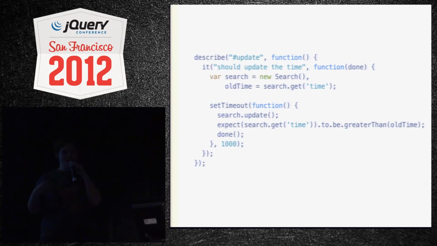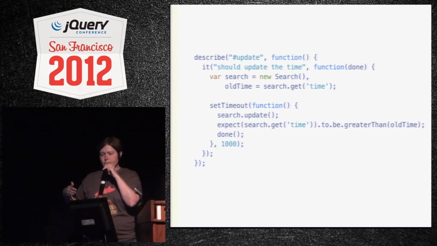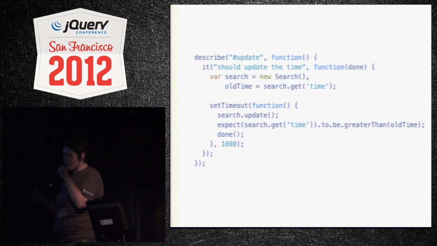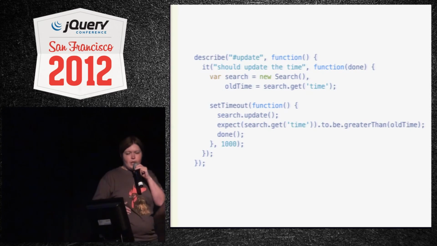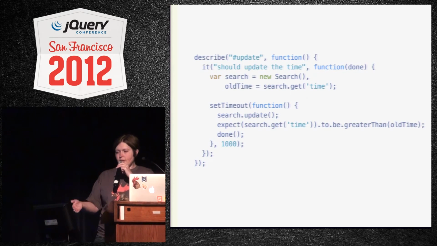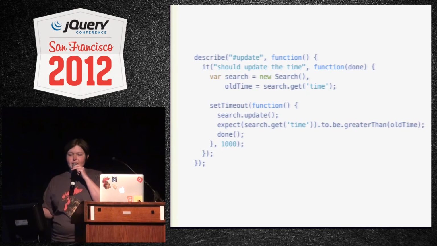We just update the timestamp on that existing search so that they'll end up being ordered properly in that recent searches area. And so we want to verify that when someone makes a search for something that they've searched for before, and we call this update method, this update method does indeed update the time.